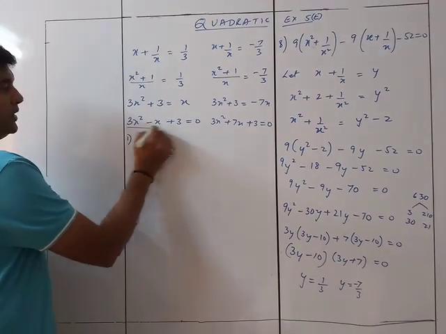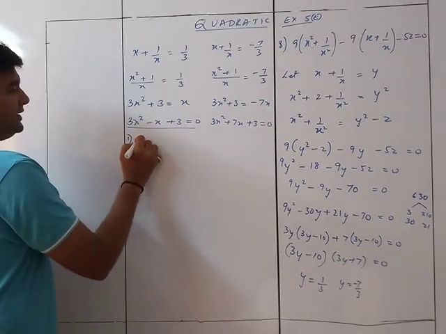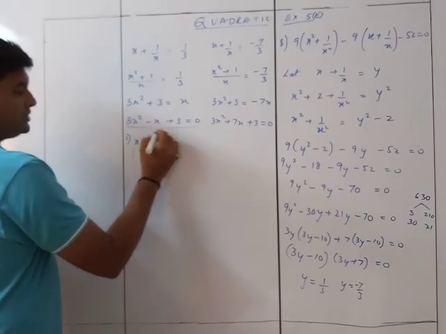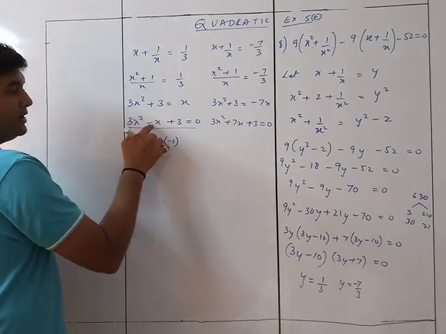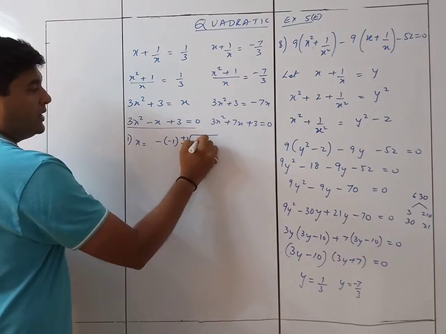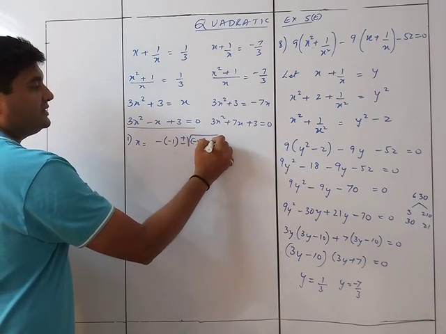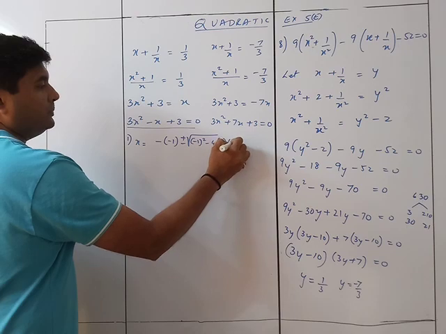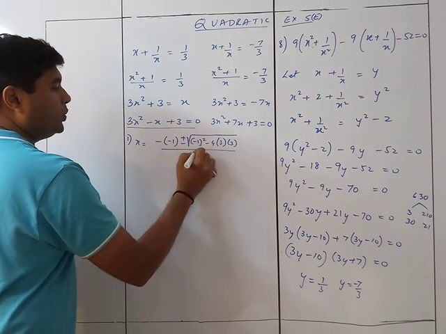For the first equation over here, x is equal to minus of minus 1, that is minus b, plus or minus root of b square, that is minus 1 the whole square, minus 4ac, 4 into 3 into 3, upon 2 into 3.